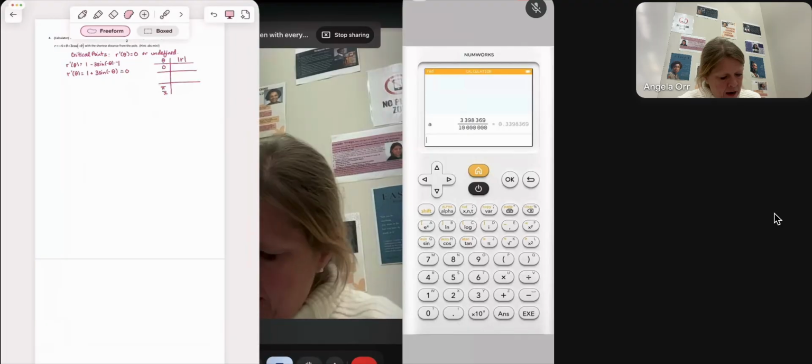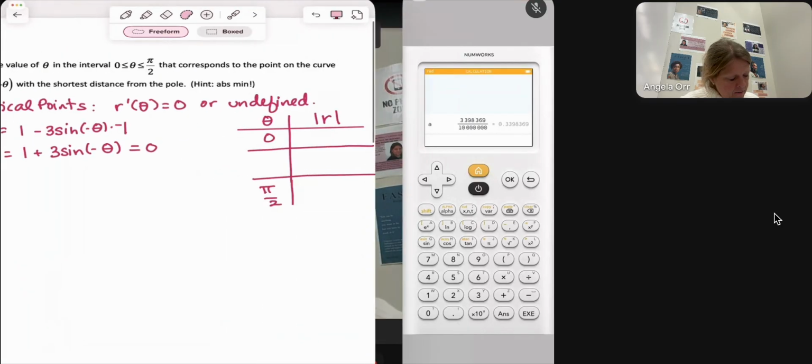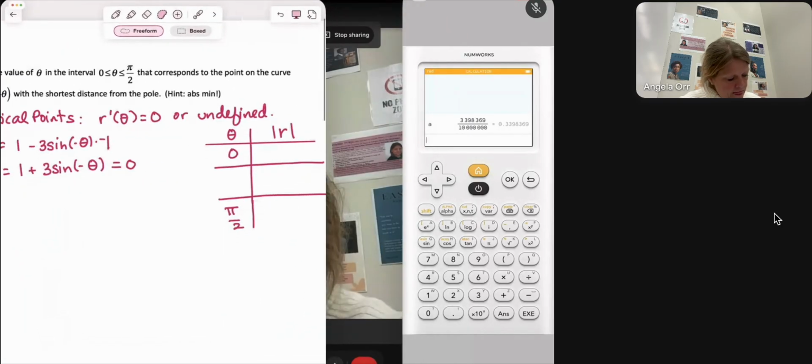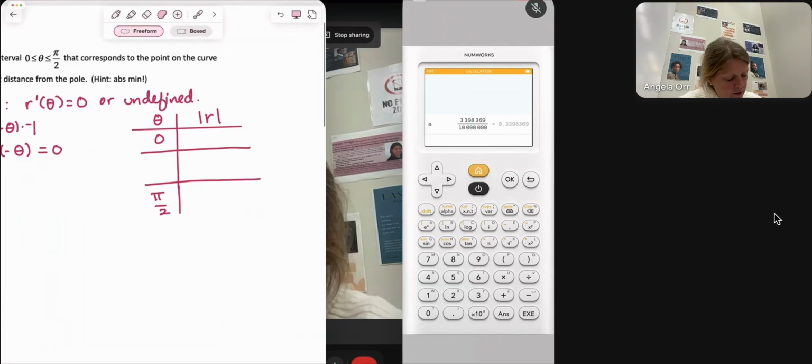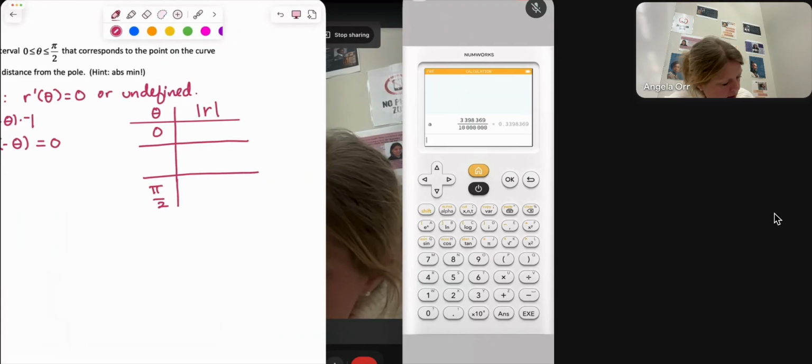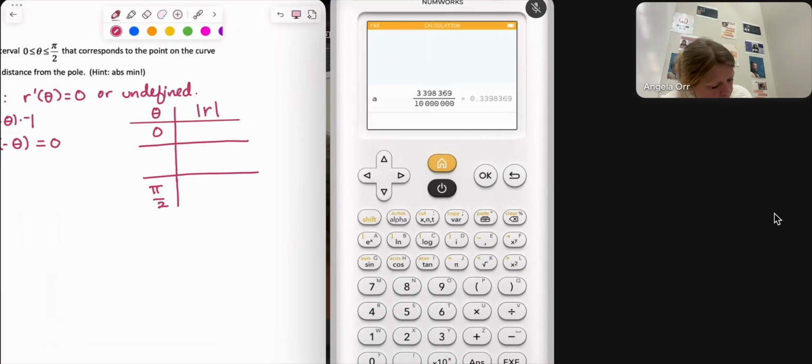Okay, so I want to figure out my R value at 0, at 0.3398, and so on and so forth. I could continue on with decimals. As long as I'm rounding for the AP to 3 decimal places or more, we're okay.